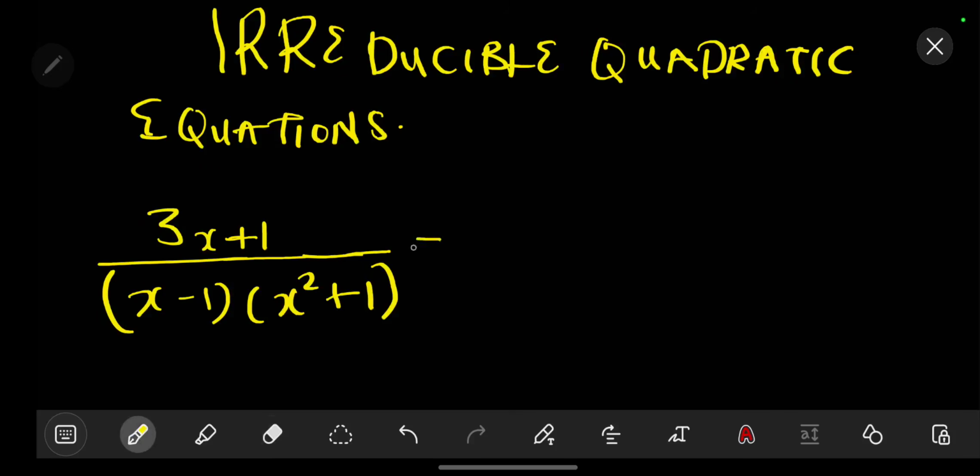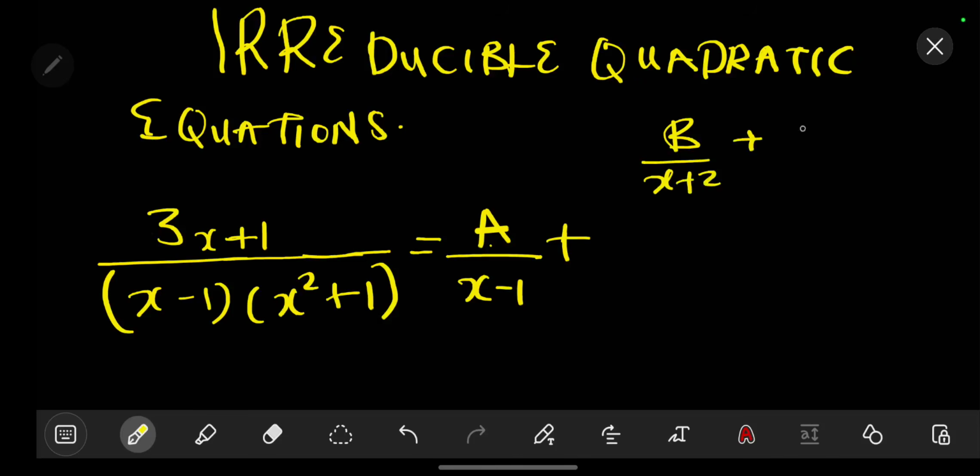So you're going to say that this one should be equal to, we have our first letter a divided by the first denominator, which is our x minus 1 like that. Then already we know why we have said a over the first denominator. Then for the second one, it's a quadratic equation. So under normal circumstances, we could have a b over, let's say the first is this, if it was being factorized like that.